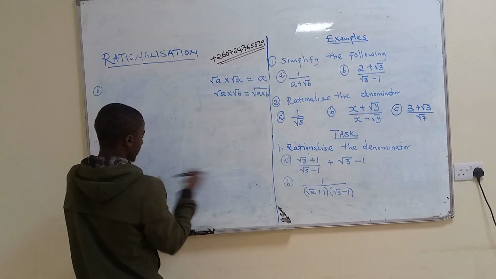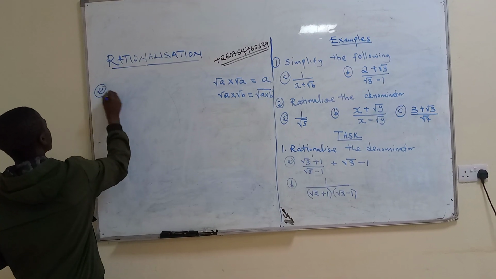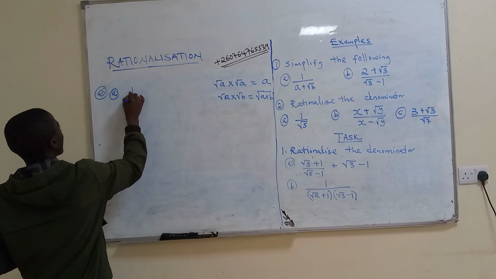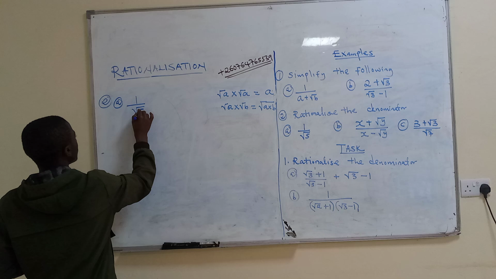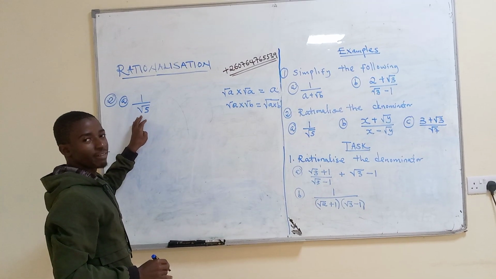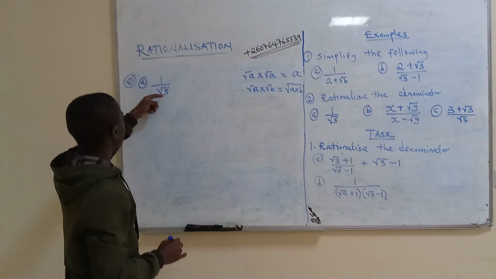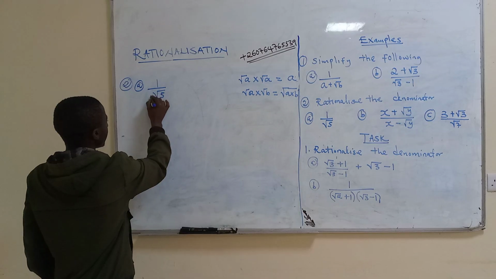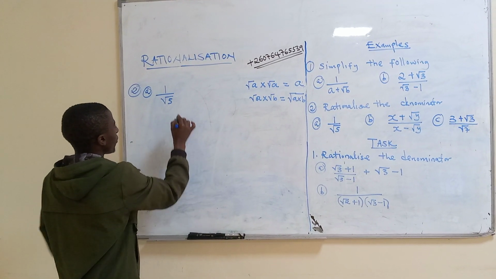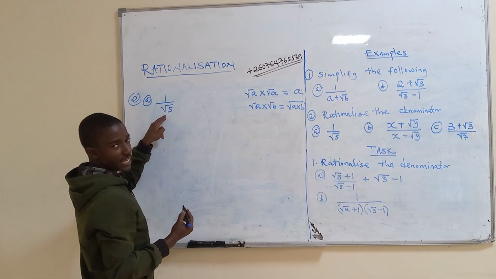So we have been given the question 2a, which is 1 over square root of 5. Bear in mind that whenever the denominator has just a square root like this, take note that we don't put any sign.